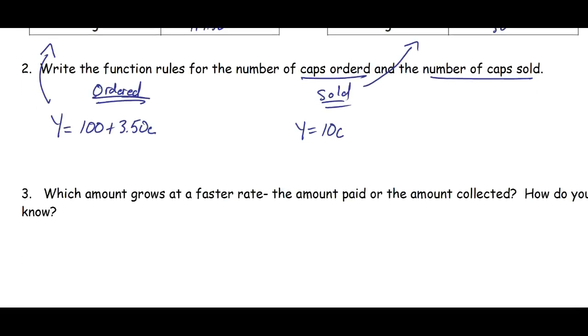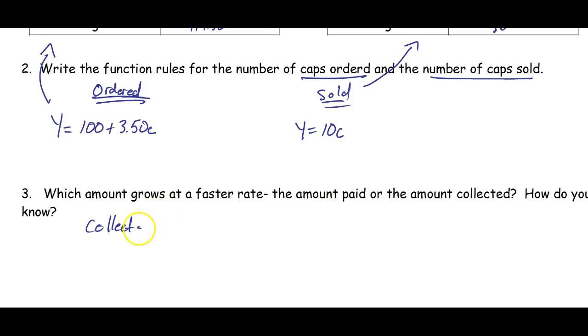So let's take a look at which amount grows at a faster rate, the amount paid or the amount collected. Okay, well, looking at both function rules, we can determine that the amount collected is actually going to grow at a faster rate. Why?